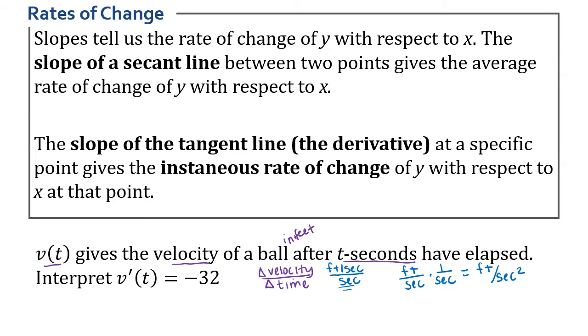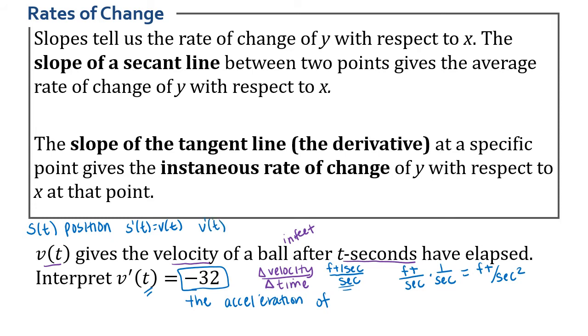So what this means is that if this is always negative 32, it doesn't matter what input value you put in, that means that the acceleration of the ball, because remember we learned this is our position function, the derivative of that is the velocity function, and then the derivative of that is the acceleration function.